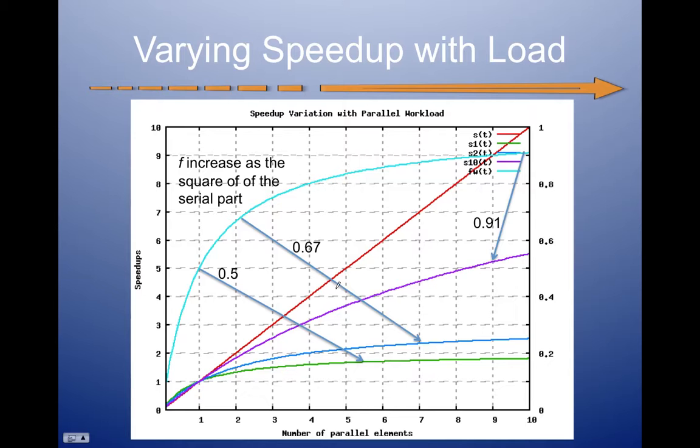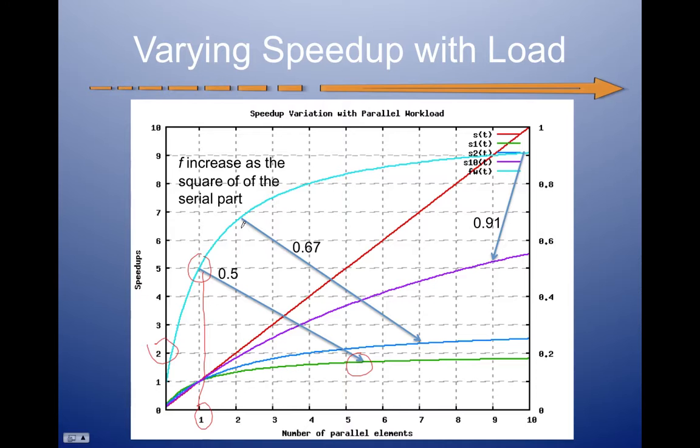Let's look at a curve that shows that. If I have a small problem size, of size 1, let's assume this gives me 50% time spent in the serial part and the parallel part. My maximum speedup I can achieve is 2 here.